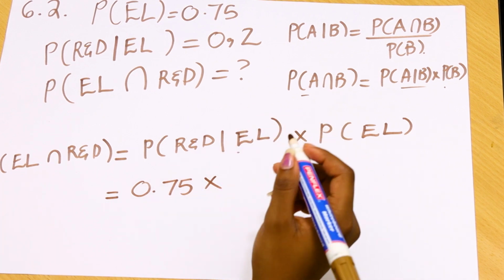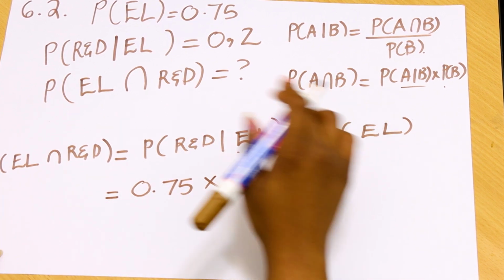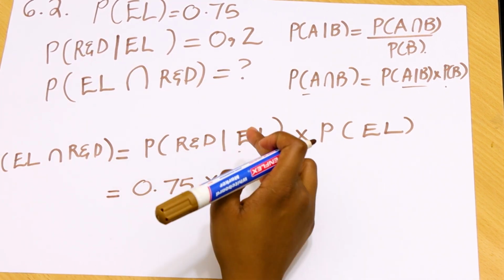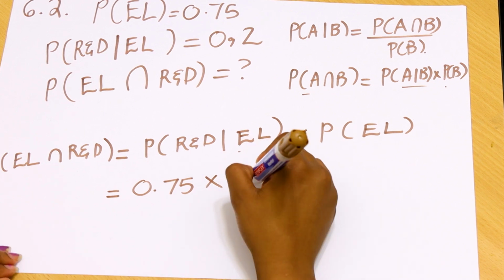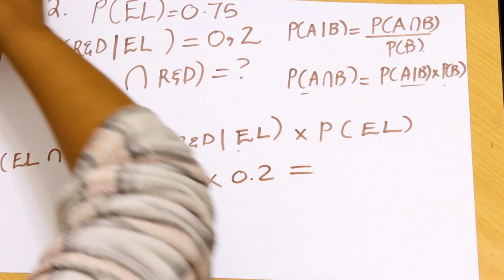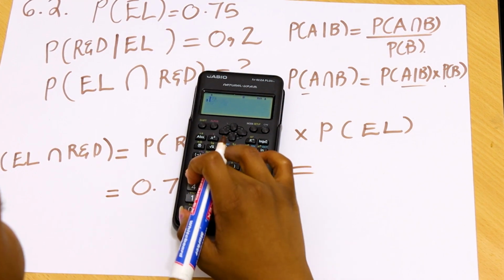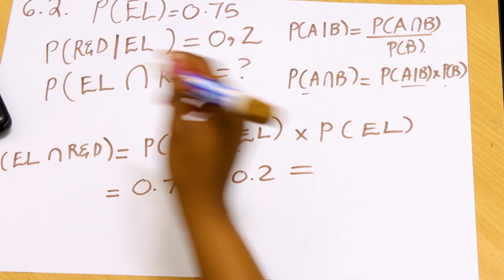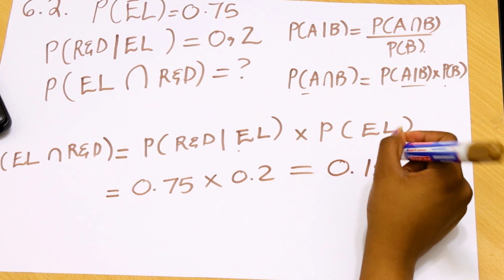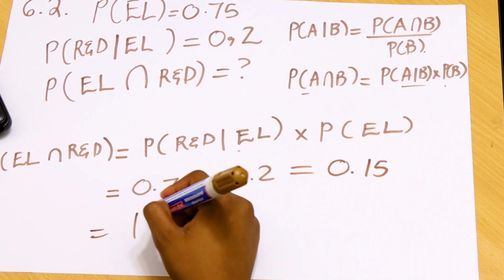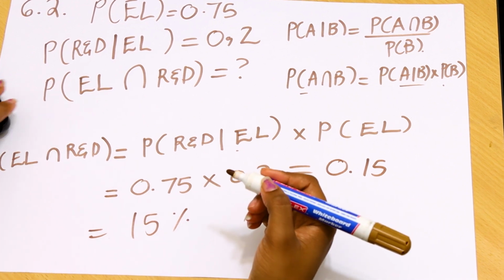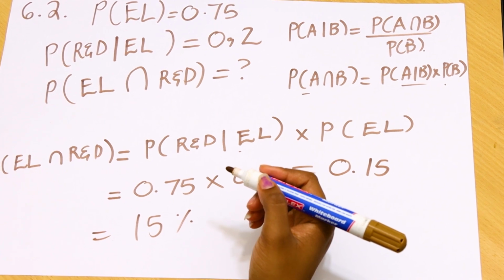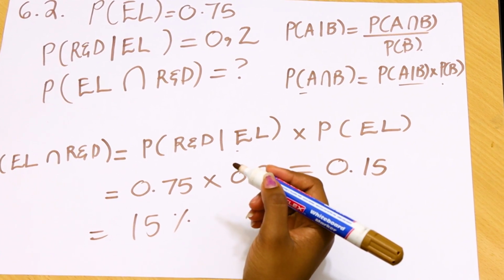Okay, anyways, multiplication is okay. 0.75 is the probability of East London, and the conditional probability that they work for R&D given that they are from East London is 0.2. So this is 0.2. This gives 3/20, which is 0.15. So that would be 15%. It means there's a 15% chance that they are from East London and working for research and development.